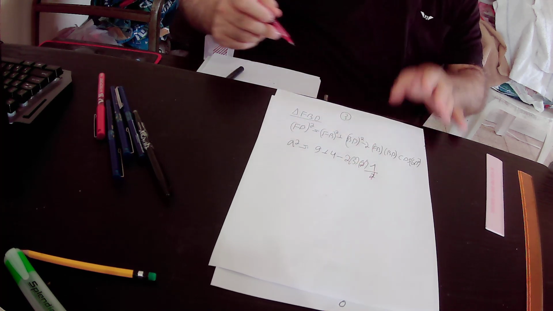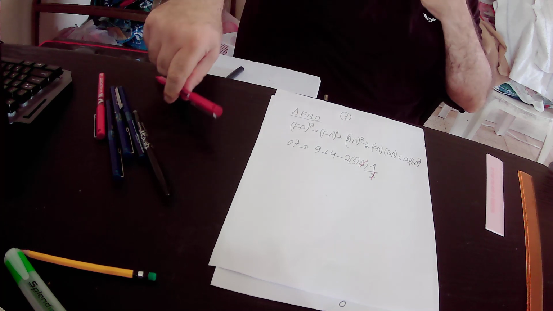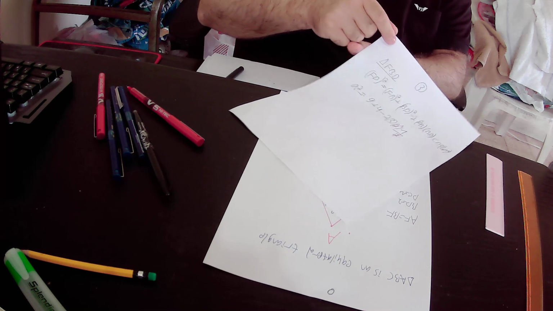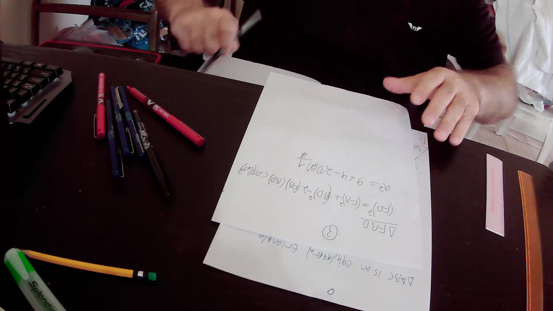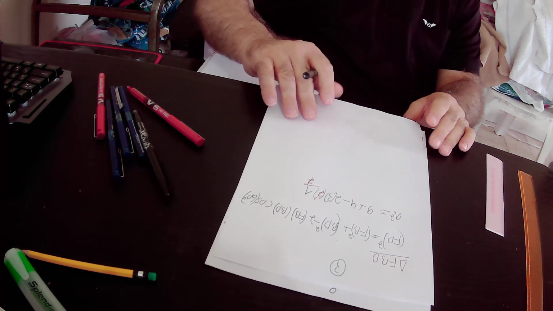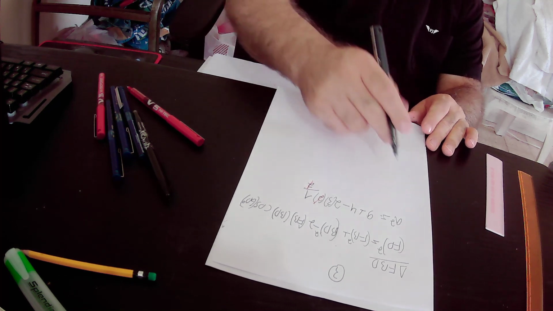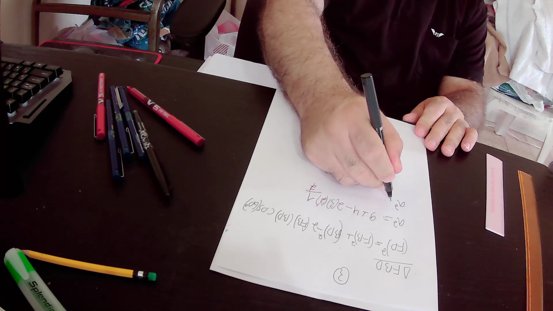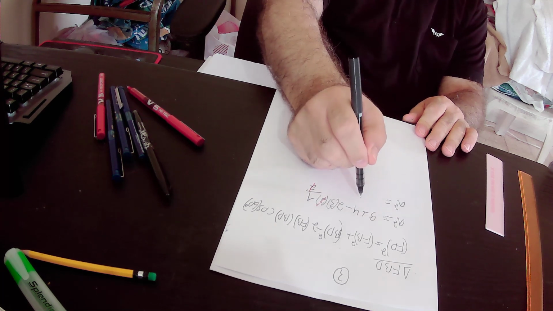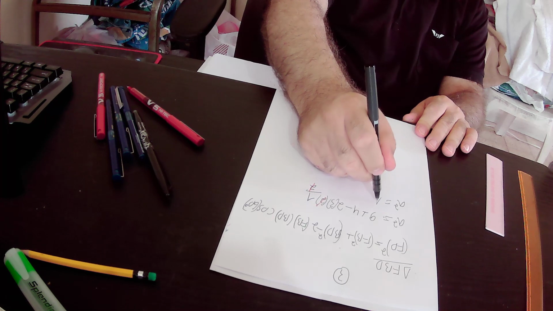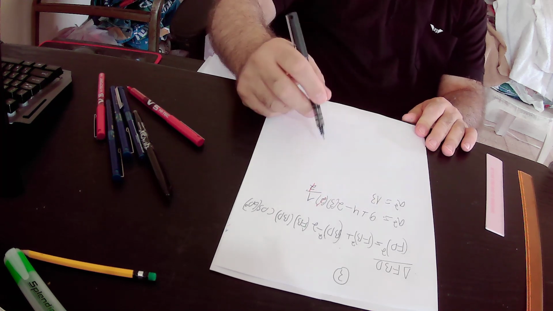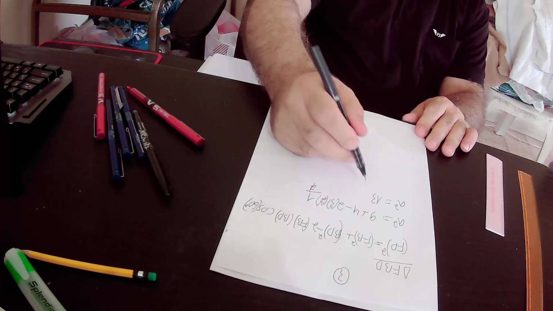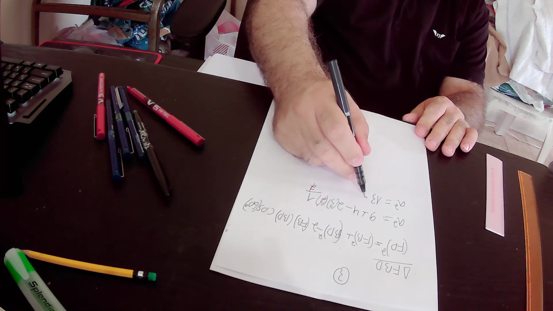What is left after we cancelled 2 is a squared equals 9 plus 3, 9 plus 3 is 13, minus 2 times 3. 2 times 3 is 6, so it is minus 6.